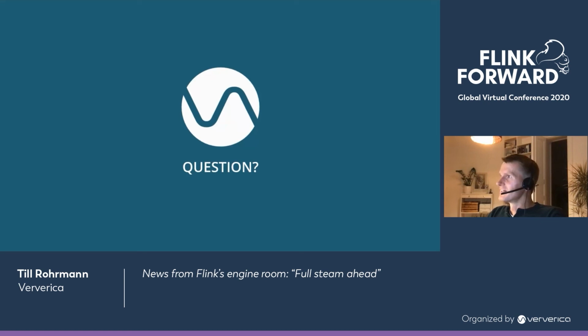All right. Niels' question gets upvoted, so let's try to answer this next. When do you hope the dynamic scaling will become available? Yeah, so the declarative resource management, we aim to make it part of release 1.12, and I hope that we can make the whole feature, like the reactive execution mode, available with the next release, 1.13 ideally.